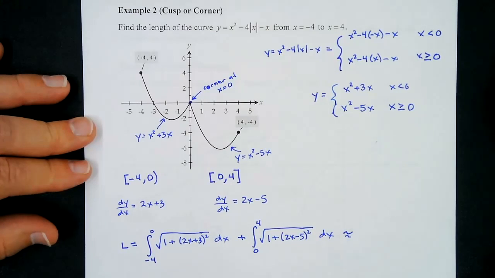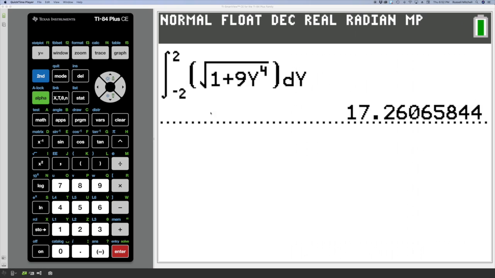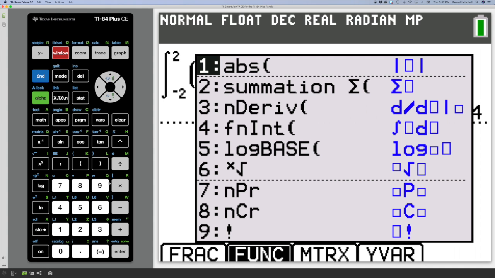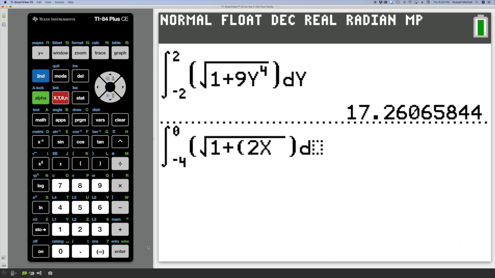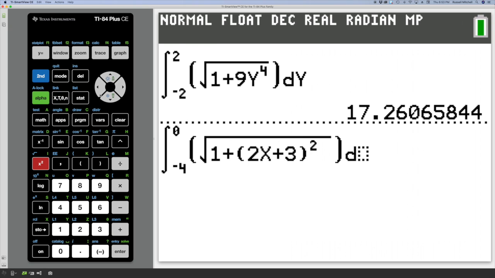All right. So let's go put this in the calculator and then we'll come back. For this one, we want to type in alpha window for integrate. And then we want to type in -4 for our lower bound, 0 for our upper bound. And then our integrand is the square root of 1 plus, and then parenthesis, 2x plus 3, and then we want to square that. And then dx.